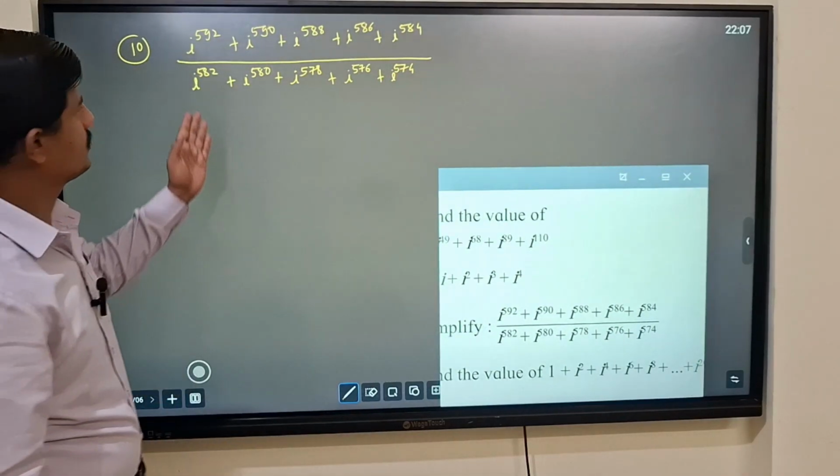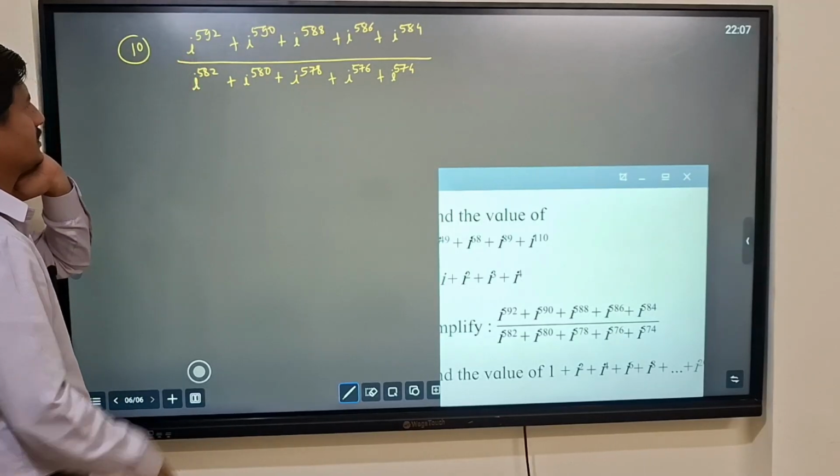You can use that rule where you take the power of i raised to 4 and simplify it.